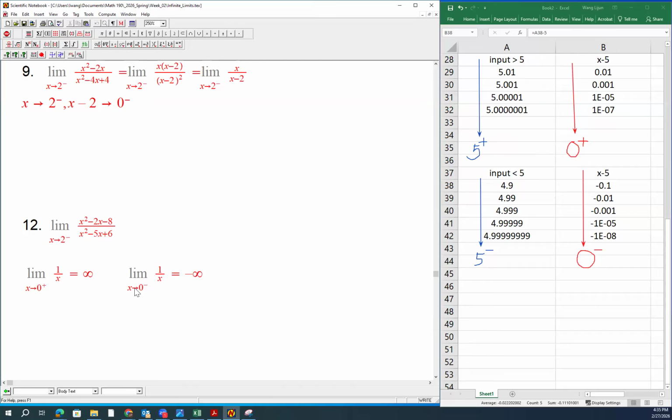The denominator is going to be approaching 0 from smaller than 0. So this model is applicable because the numerator is just approaching 2, right? The numerator is a finite number. Therefore, this limit is going to be negative infinity, right? This is going to be a negative infinity.